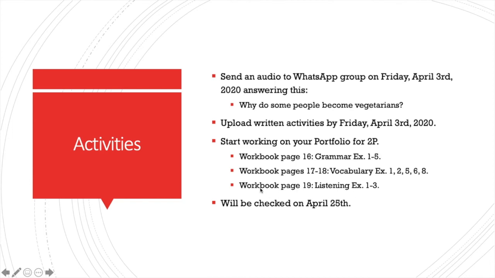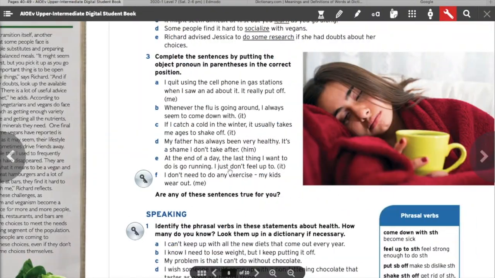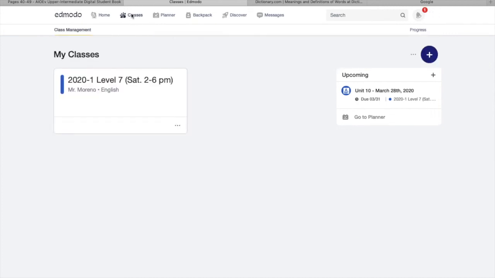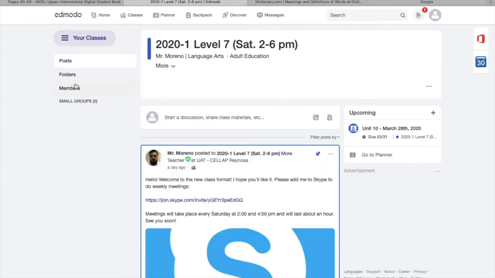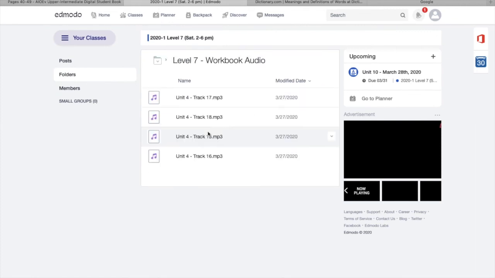And for the listenings of the workbook, I also uploaded them to Edmodo. If you go here to classes, go to the class, folders, and here you have workbook audio, and you have the tracks.